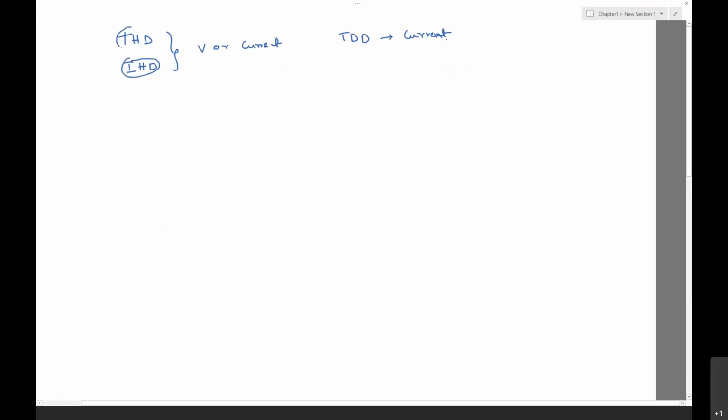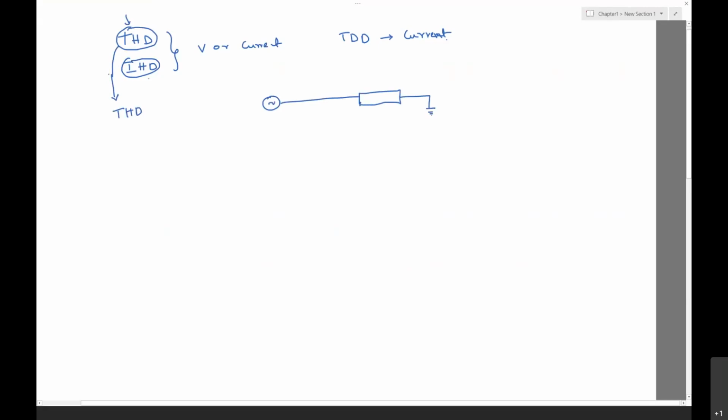So how about the THD? What is the importance of going for THD? In general, when you go for any kind of inverter applications, to quantify the performance of your inverter, you will be going for total harmonic distortion. Whenever you go for a PWM scheme, we look at how much total harmonic distortion is allowed.